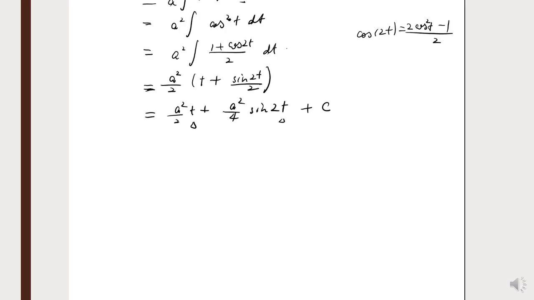But first of all, let's draw the relation triangle. If this angle is t, from our definition, we can say this side is x, this is a.